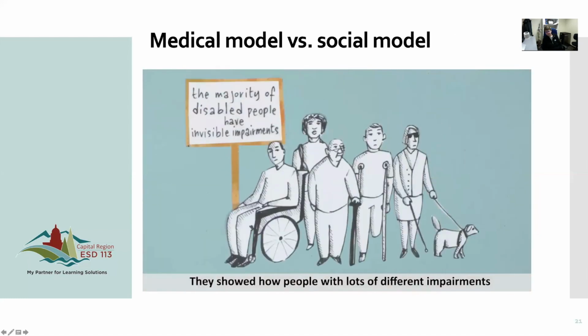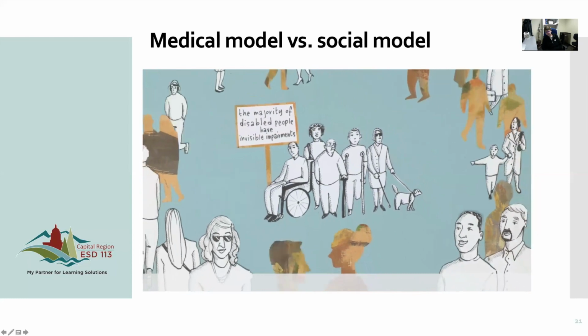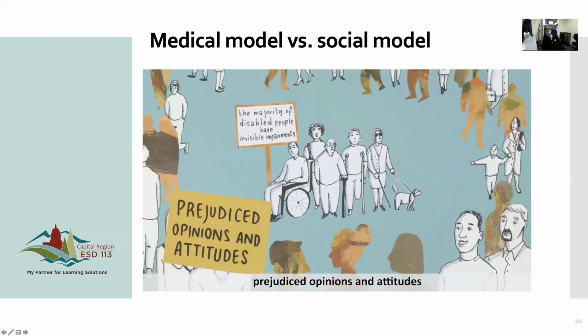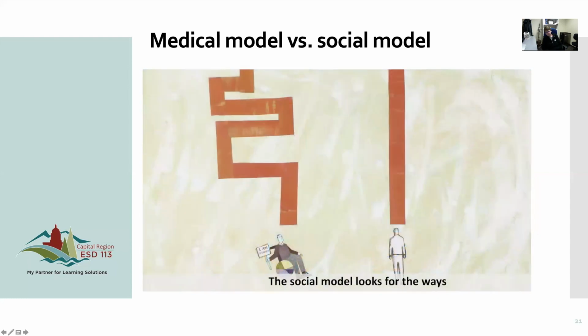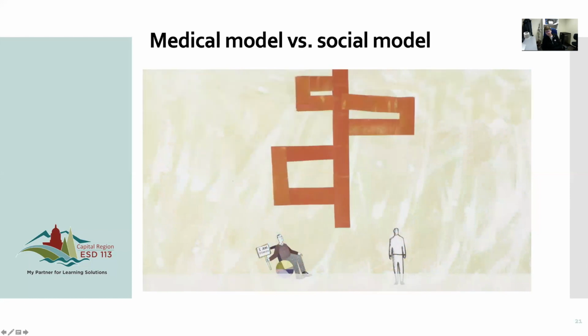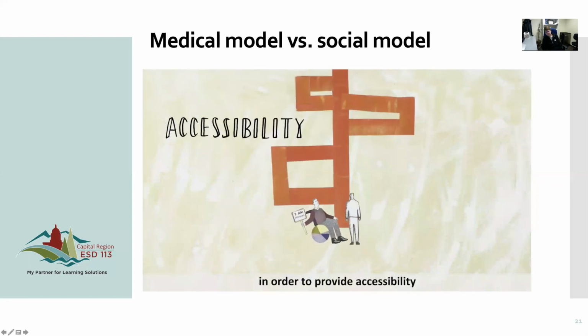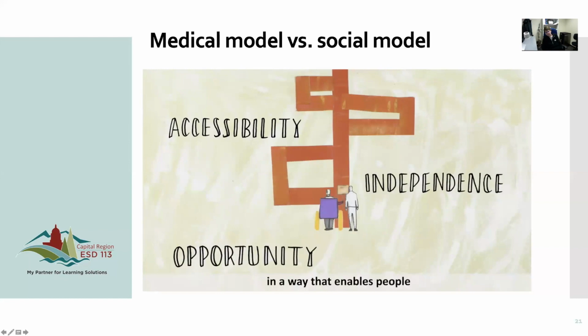They showed how people with lots of different impairments face many of the same problems. These disabling barriers include prejudiced opinions and attitudes, restricted access, and people being systematically excluded. The social model looks for the ways that society can be planned and organised in order to provide accessibility, independence, and opportunity in a way that enables people rather than disables them.